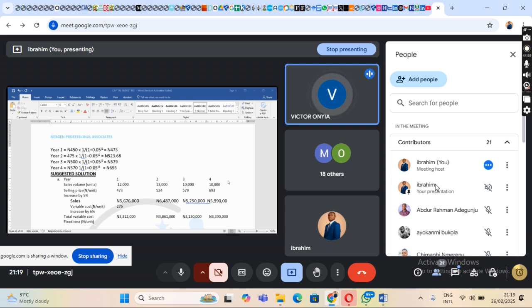So what I mean is 450 multiplied by 1 plus 0.05 raised to the power, but the inflation factor. What we did to calculate all this, maybe the way you put the figure is what is confusing some of them. Okay, that's fine. Thank you, everyone.